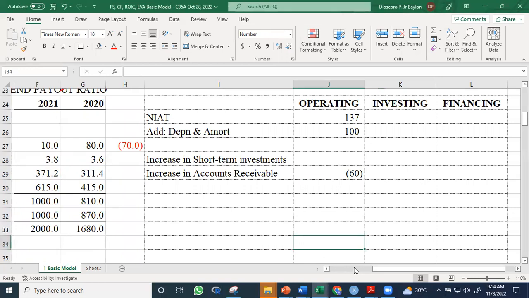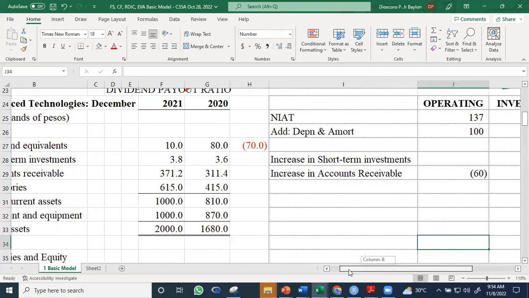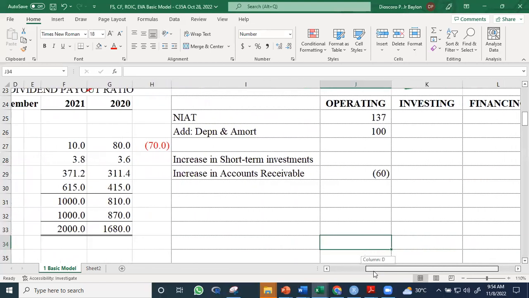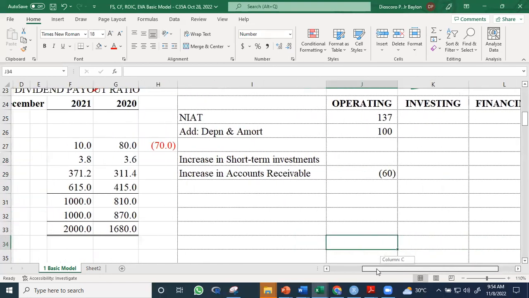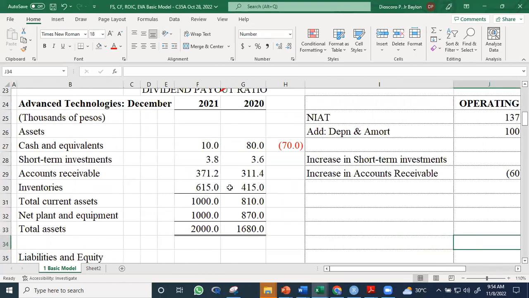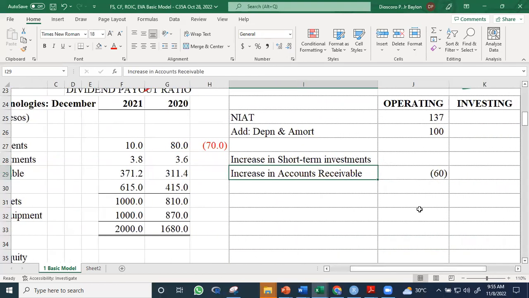For the statement of cash flows, in creating that, we use a template, and identify the changes in the activities and where it will fall under operating, investing, financing. Accounts receivable increased from 311 to 371. So there was an increase in accounts receivable, and it will fall under operating, and it's a source of cash. So dapat positive.